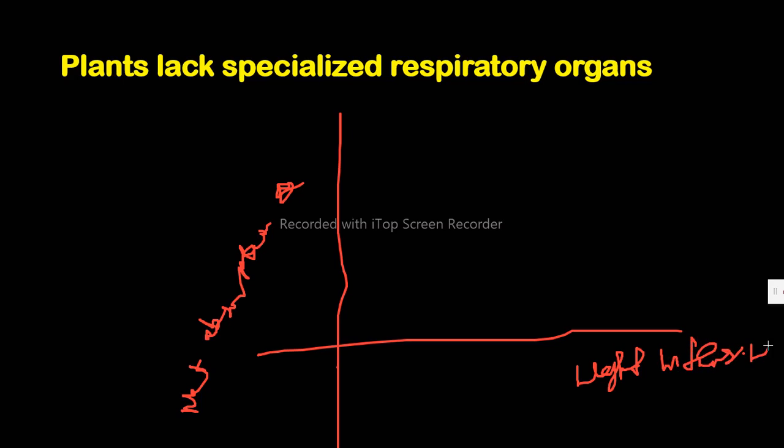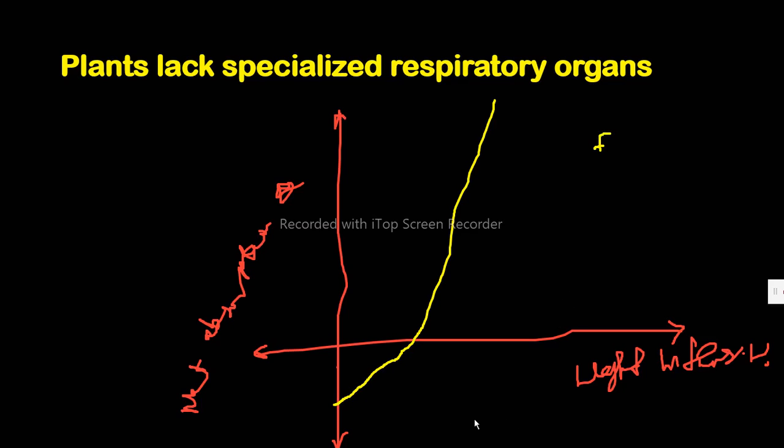Now I'm setting a question. Light intensity. You have this, you have this. This is a graph. So you may have such a graph, and they draw this, and then they say from your graph, what is the compensation point?